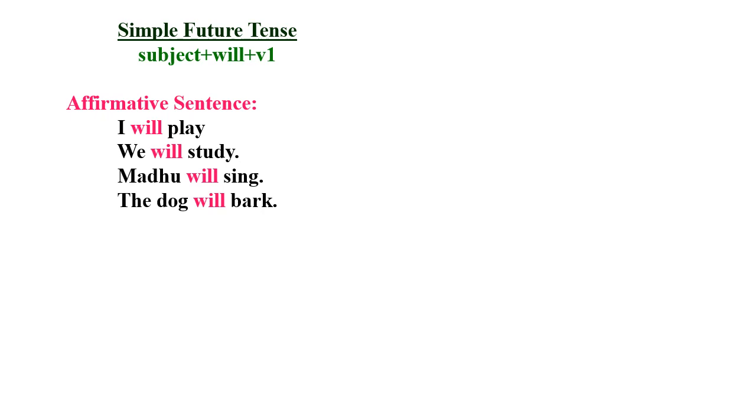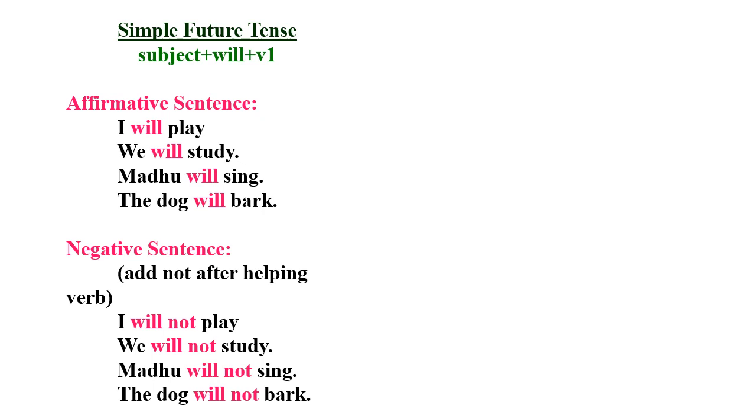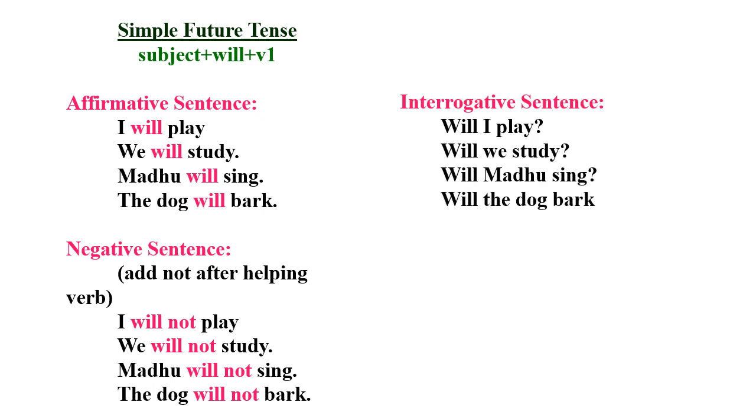Now to form a negative sentence, simply add the word not after the helping verb will. I will play becomes I will not play. We will study becomes we will not study. Madhu will not sing. The dog will not bark. And framing an interrogative sentence is also super easy.